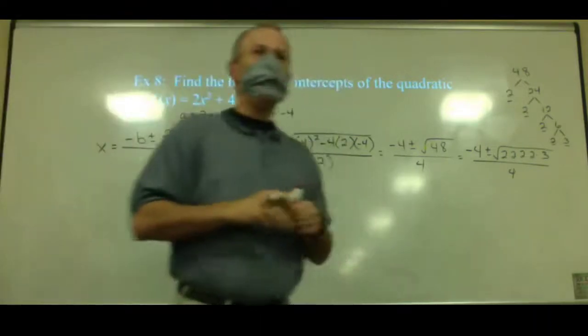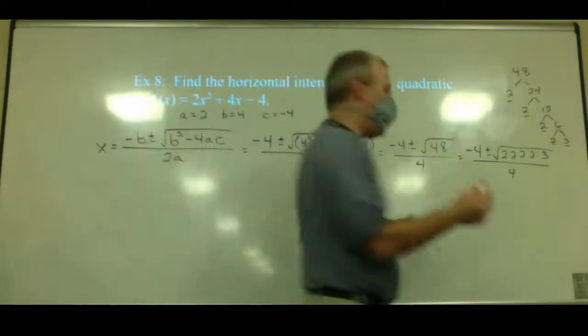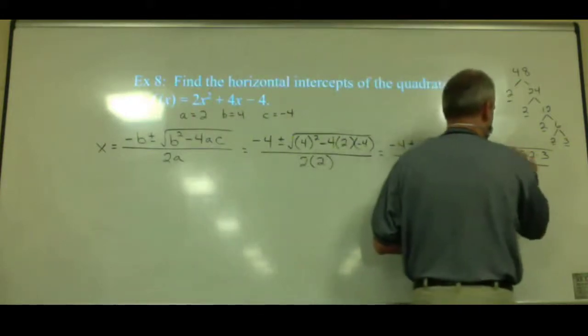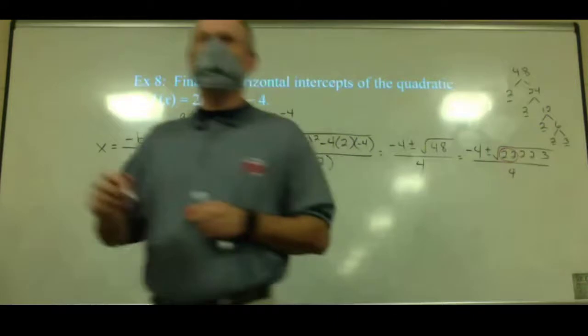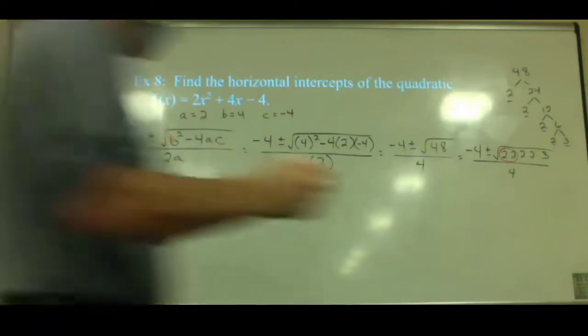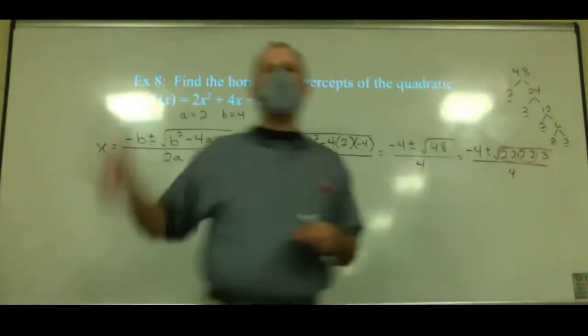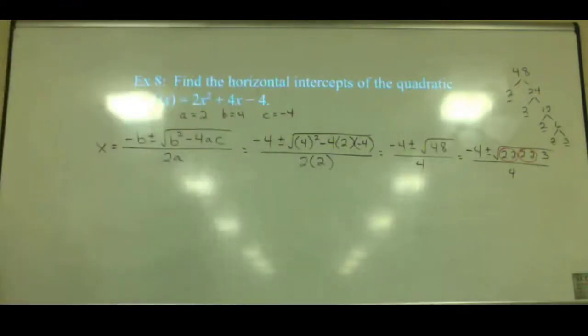Now, the jailbreak method tells us that if we can get a pair of friends and they work together, they can get out. Okay, so notice we got a pair of 2s. That can get out. We also have another pair of 2s. That can get out. The 3 doesn't have a friend. He stays stuck where he is.